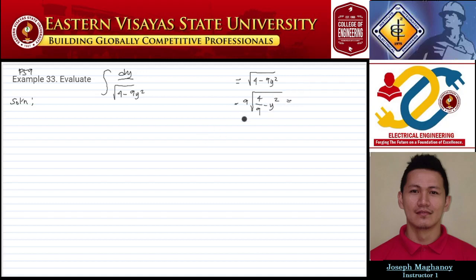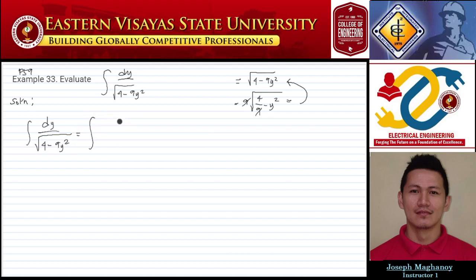If we distribute 9 inside the radical, we cancel 9 and we have 9y squared, going back to its original form.